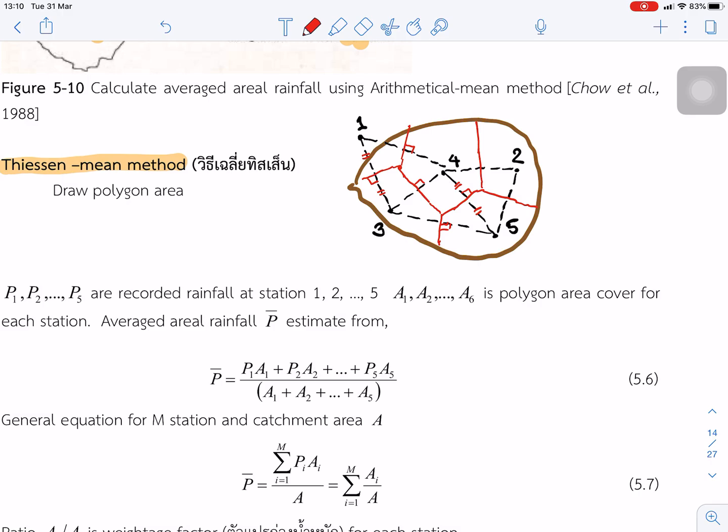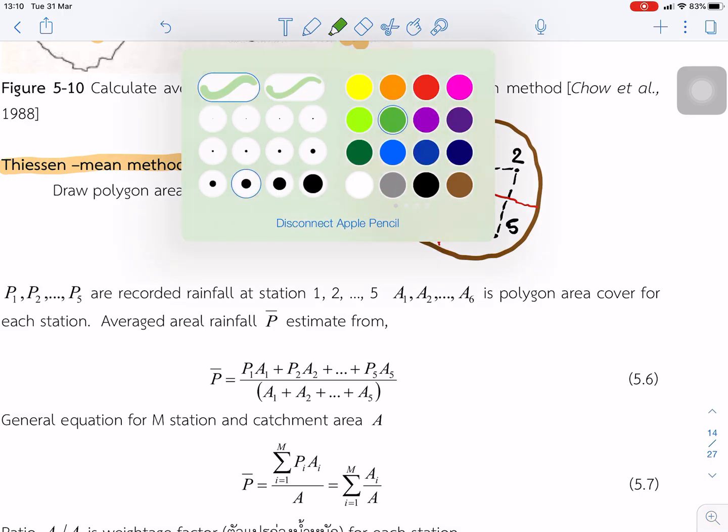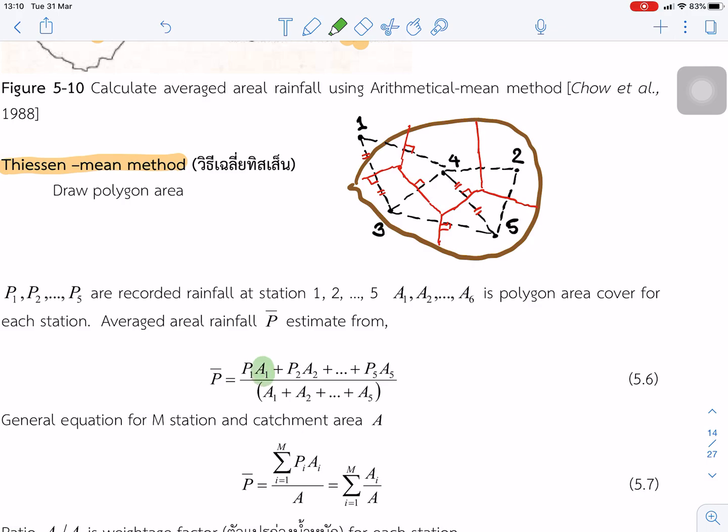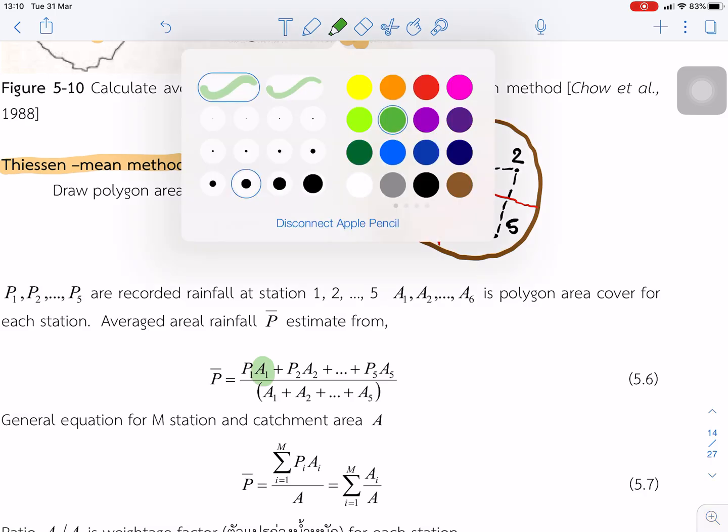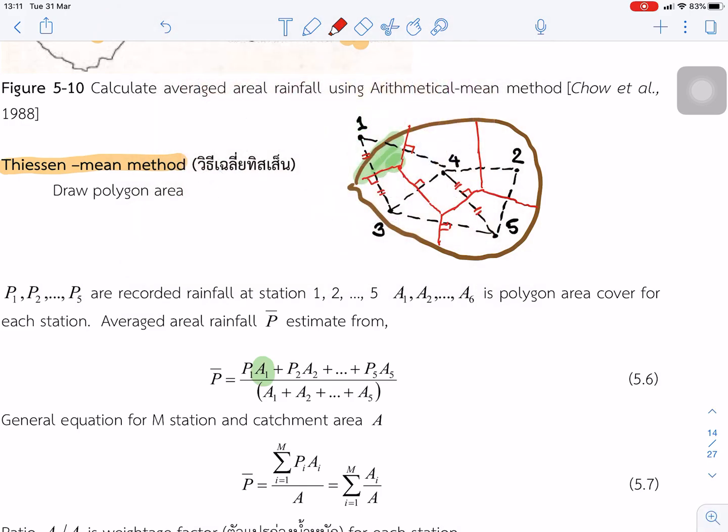Next we measure the area. For example, area A1 comes from this area. For P2, area A2 comes from this area.